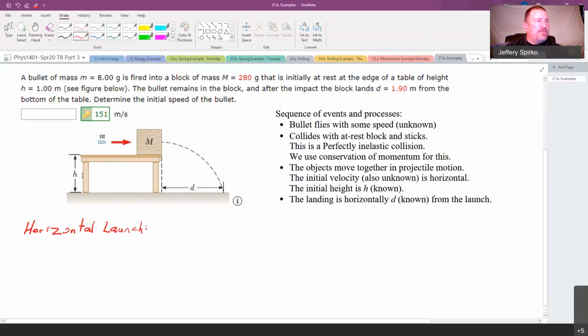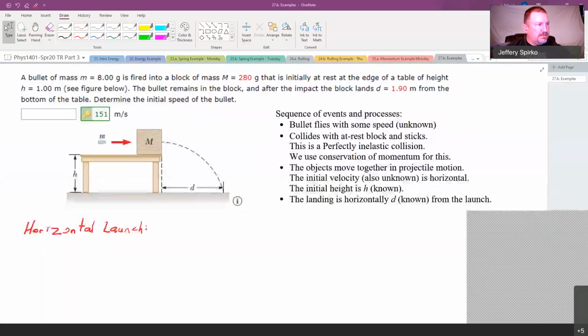Now we have to remember that in projectile motion, see if I can pull up some of the equations here to discuss. This is all in the kinematics section of our course. I'm going to use these equations.